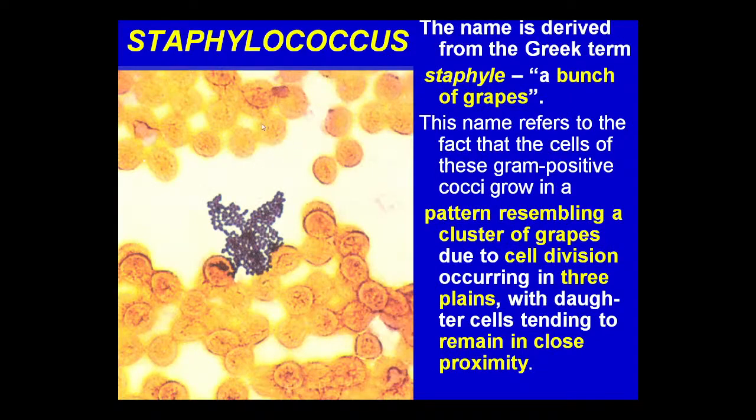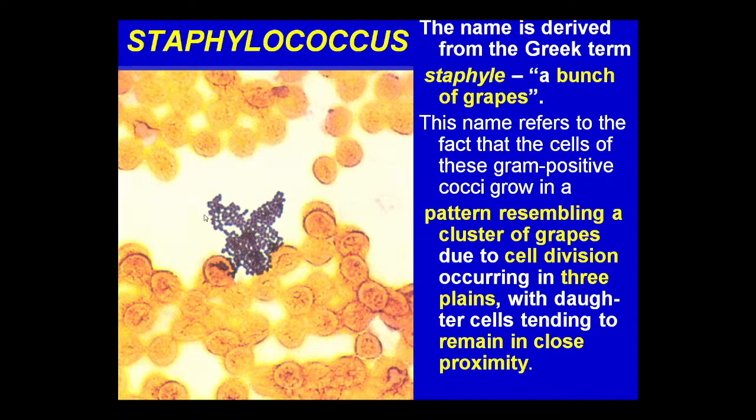And you can see it here in the smear taken from the patient. Why is it so? Because you see the elements that cannot be seen in pure culture. These are the pus cells, right? Because usually Staphylococcus causes pus or purulent infections.